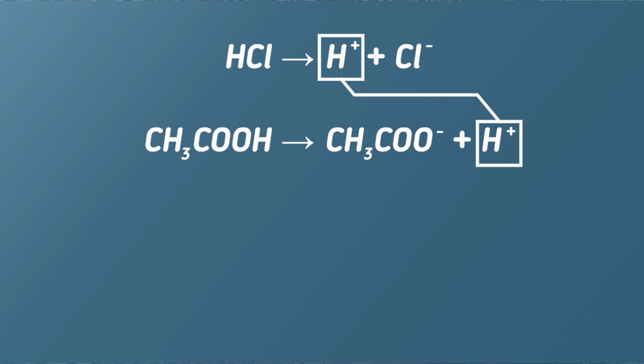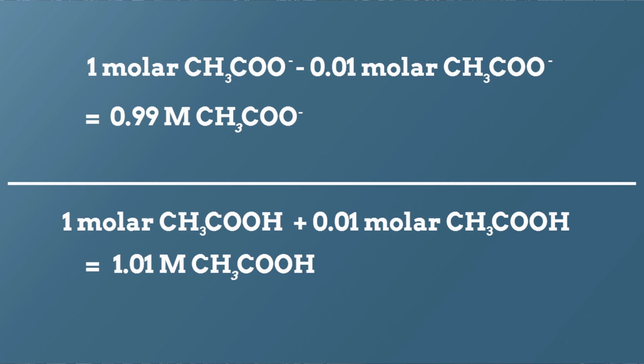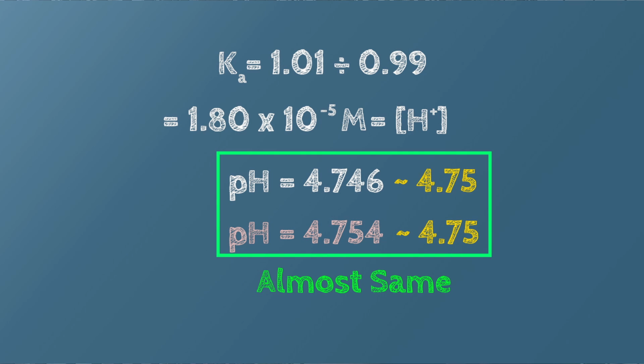Now we know the pH, so let's test the resistance to change. That's the whole point. You see, hydrochloric acid, when exposed to water, dissociates completely, but only partially in acetic acid. Protons will join up, and we can take some amount of concentration from the acetate and add some concentration to the acetic acid, and then plug them into the hydrogen concentration, and the answer is 1.80 times 10 to the negative 5 molar.